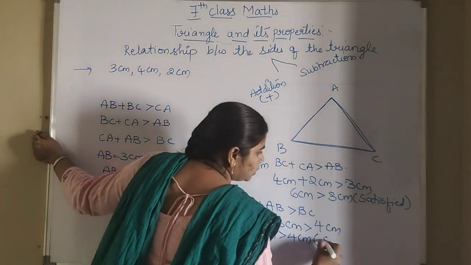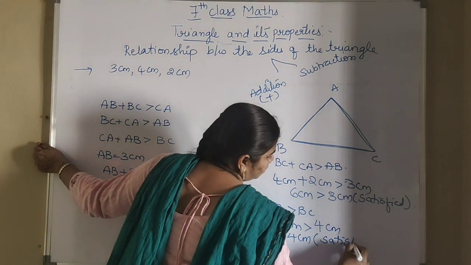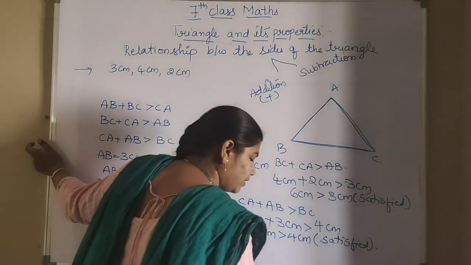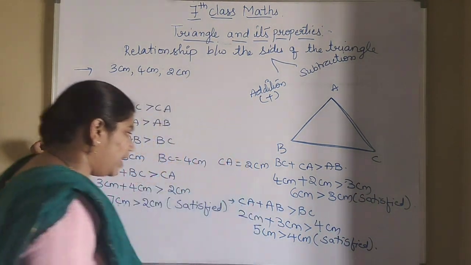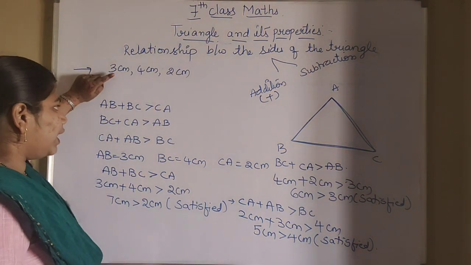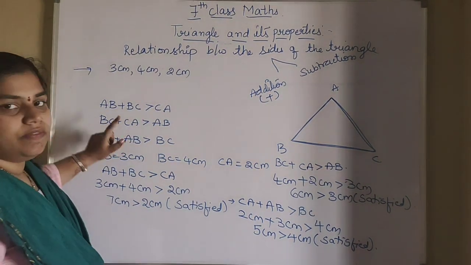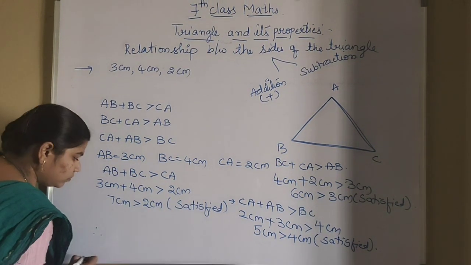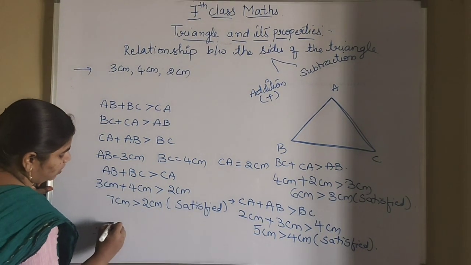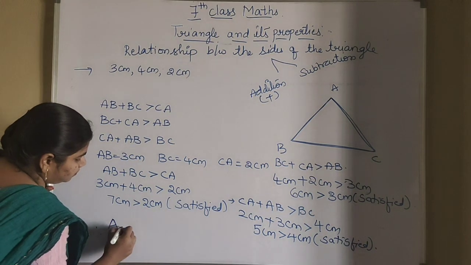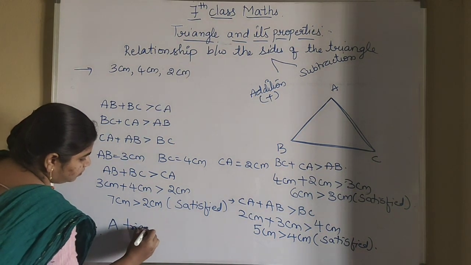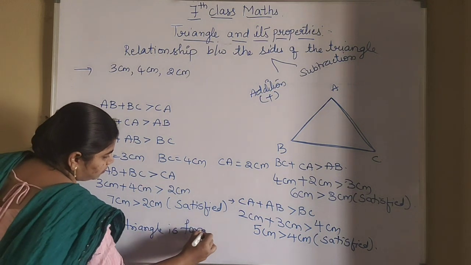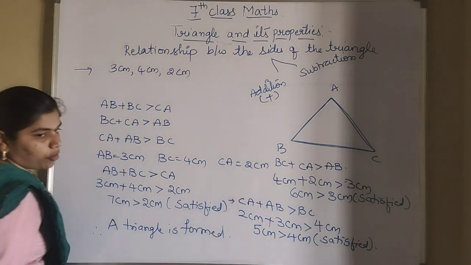So this is also satisfied. Now all three conditions are satisfied. So we can tell that from the given values a triangle will be formed. Therefore, a triangle is formed.